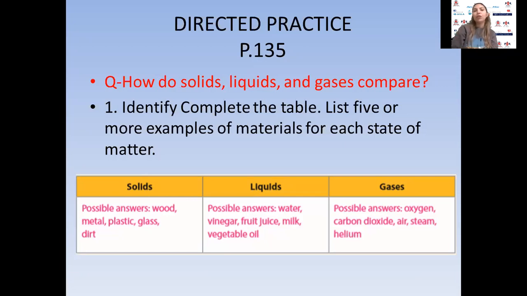Liquids, like water, vinegar, juice, milk, vegetable oil. Gas, like oxygen, carbon dioxide, air, steam, which is called water vapor, and helium, like helium in balloons. You can write the examples if you want.